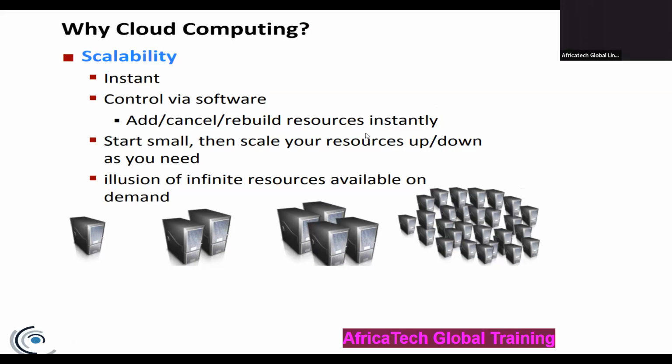I will take just one example so that you know what I'm talking about. Just imagine you have a website and maybe there's a game going on. There will be a lot of traffic on the website when people are trying, right?